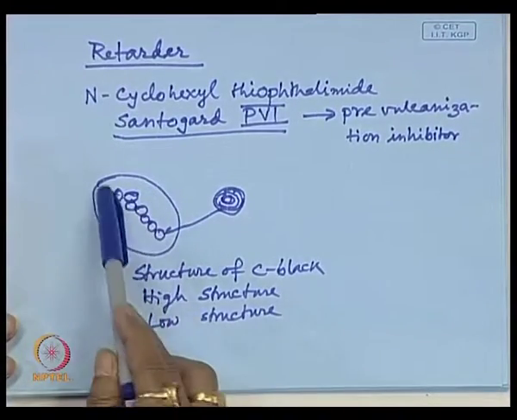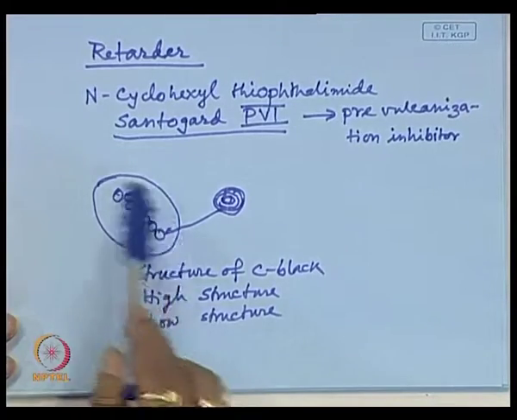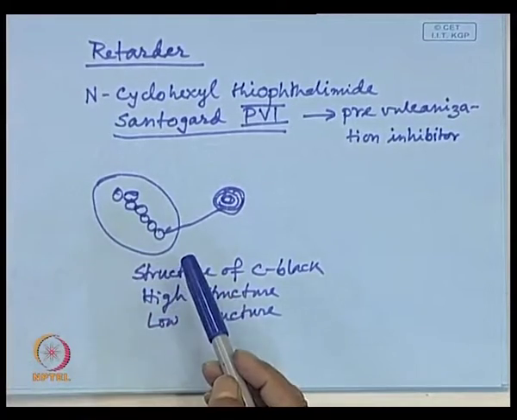Once it is incorporated with difficulty, then the latter part of dispersion becomes easy. High structure means that by virtue of their bigger volume, it is difficult to incorporate in rubber, but they are easy to disperse, because carbon black has a property of agglomeration by virtue of its surface forces, surface energy.